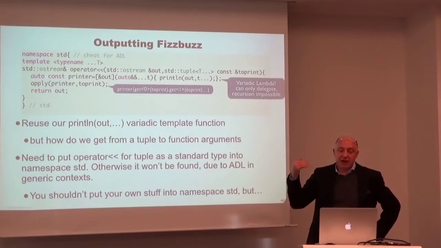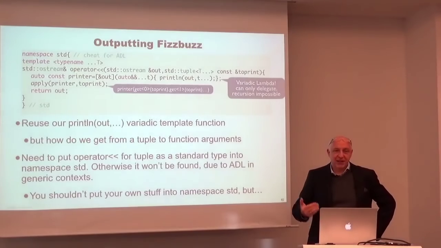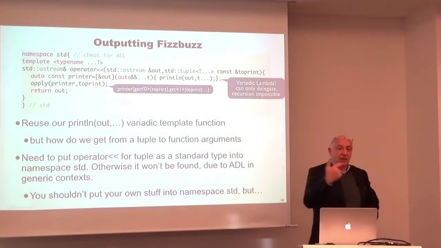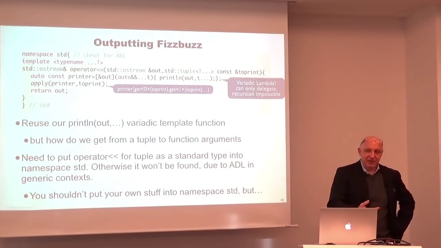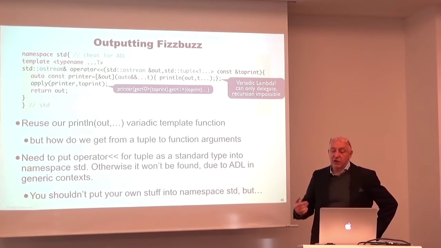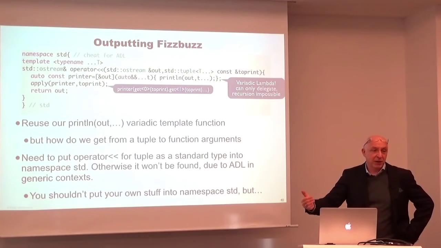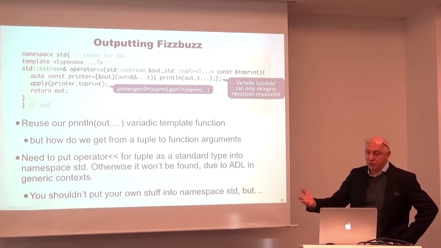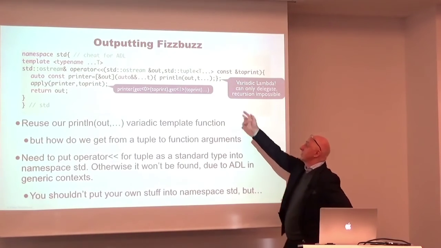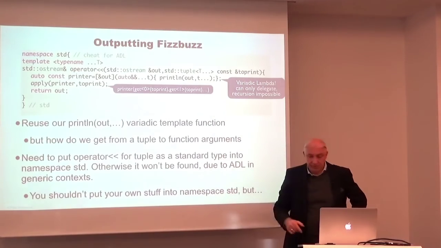So we can have lambdas with a variable number of arguments, but you cannot write recursive lambdas in C++. So to actually implement those, you always have to delegate to a variadic template function or a variadic function. Otherwise, you would not be able to actually recurse correctly.